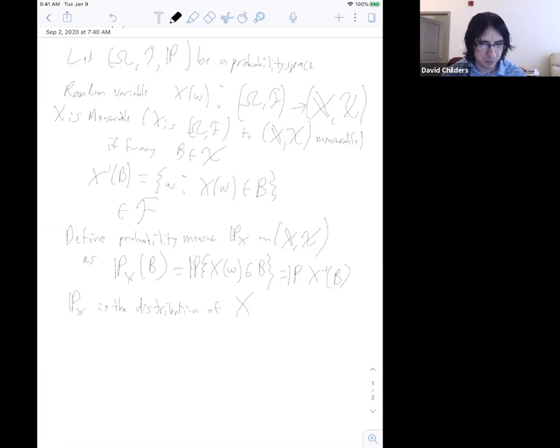And the probability measures over the spaces on which they live will then be defined purely by this process.